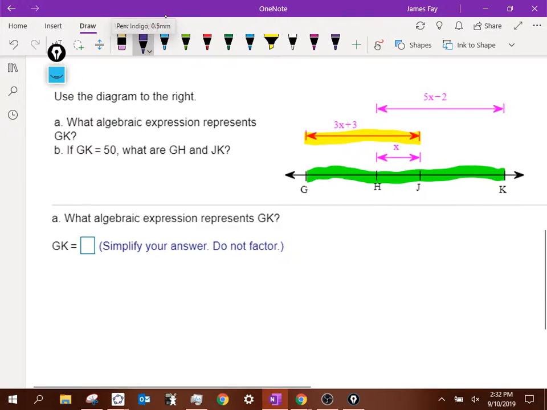If I were to stand right there and walk to J, I've walked part of the green. So 3x plus 3 must make up some of that green. Okay?